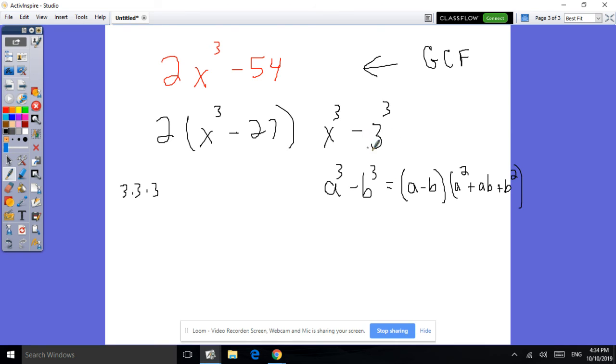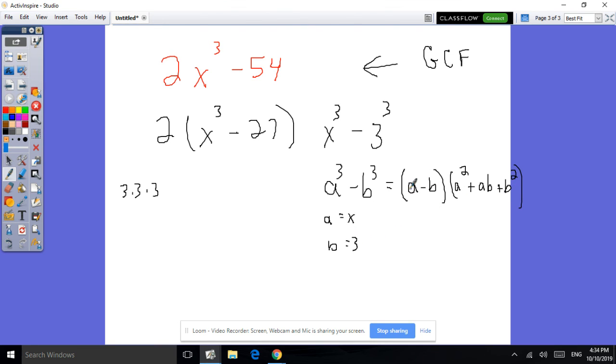So here, all you got to do now is just measure up what's your A and B and plug it in. So in this problem, my A is equal to X and my B is equal to 3. So now I'm going to take those values and plug them in here.